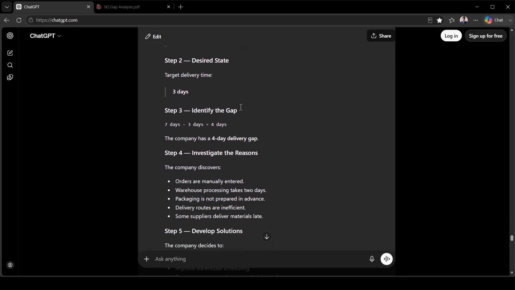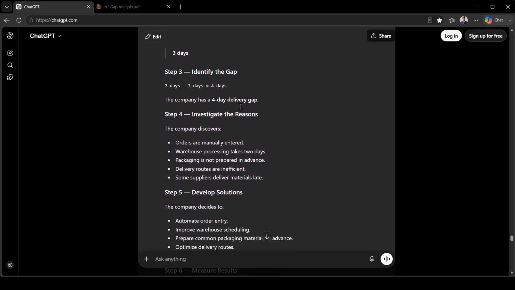Step 4, investigate the reasons. The company discovers orders are manually entered, and the warehouse processing takes 2 days. Packaging is not prepared in advance. Delivery routes are inefficient. Some suppliers deliver materials late. Step 5, develop solutions.